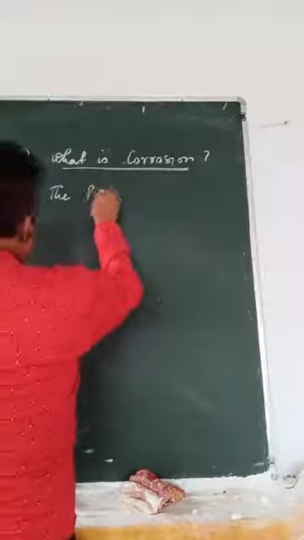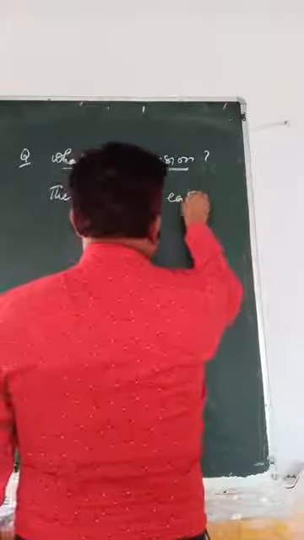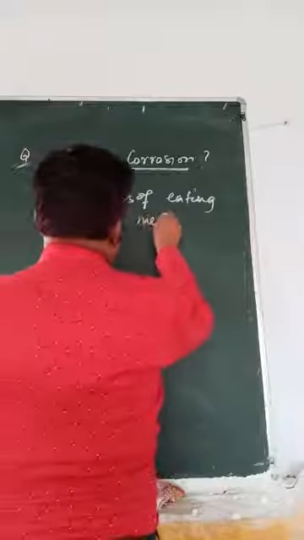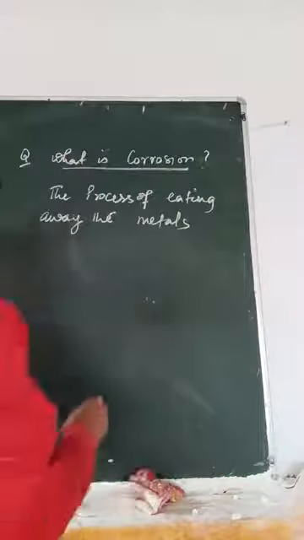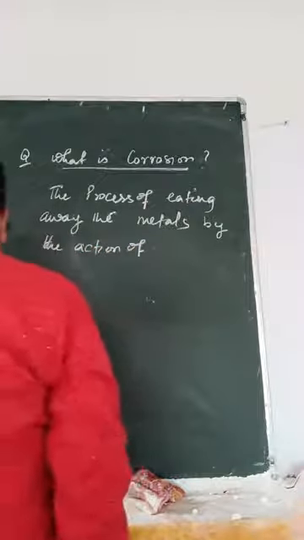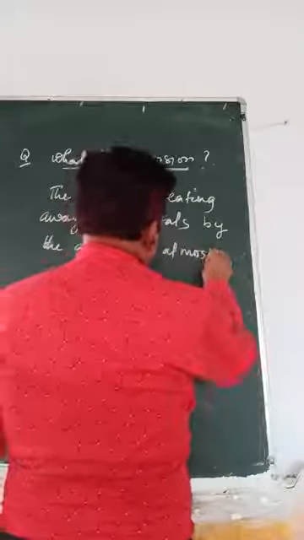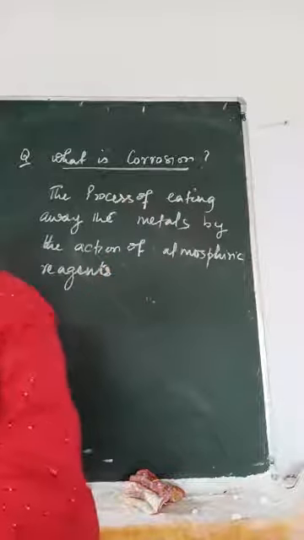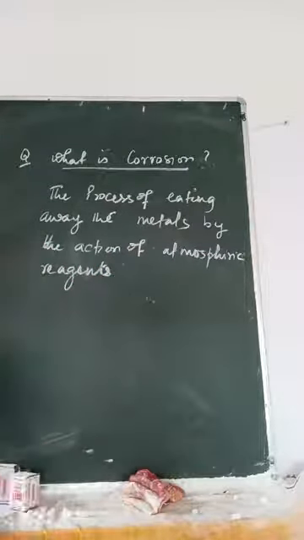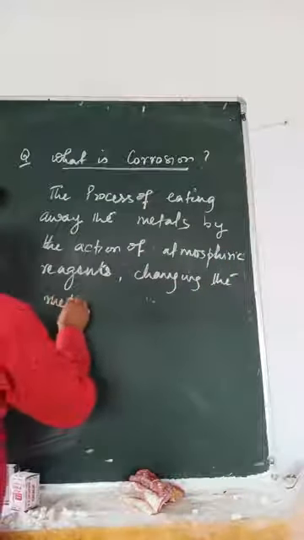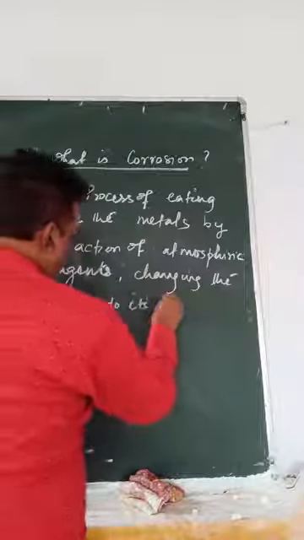Corrosion is the process of eating away the metals by the action of atmospheric reagents, changing the metal into its compound.